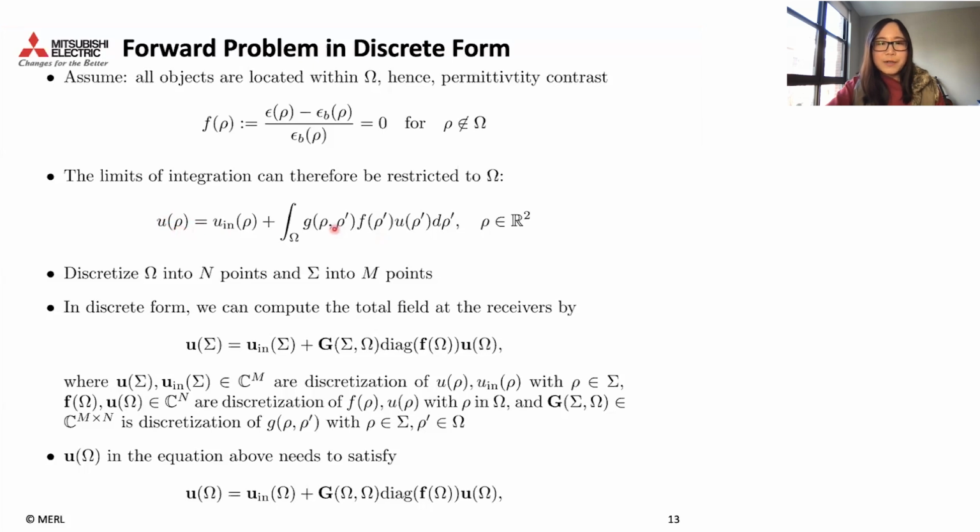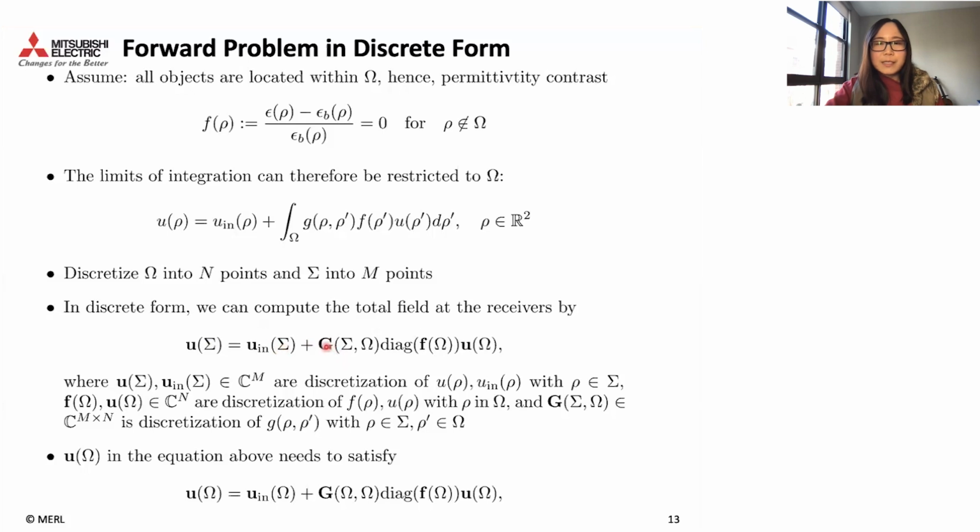integral equation. First, we consider rho in the sensor positions. So we will have this total field at those sensor positions. Now, I represent this as a vector, which is this U evaluated at each discrete grid point in this sensor region. And this is the total field equals to the incident field.